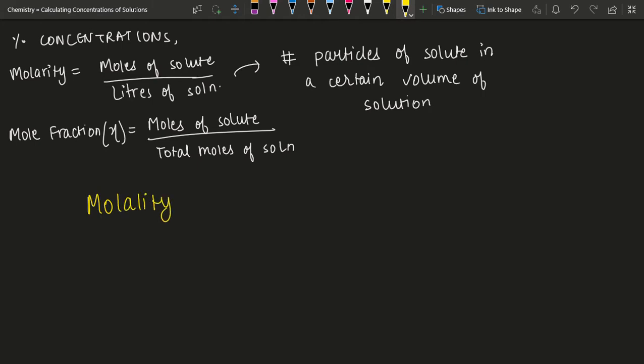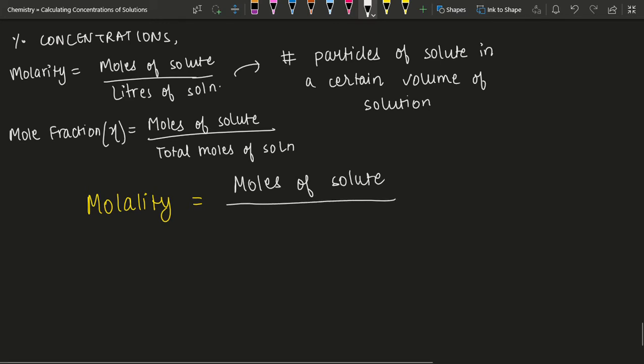The molality, other than sounding quite familiar to us, like molarity, is quite different in its approach to calculating the concentration. So you still have the moles of solute in the numerator, but in the denominator you have kilograms, kgs, of solvent.